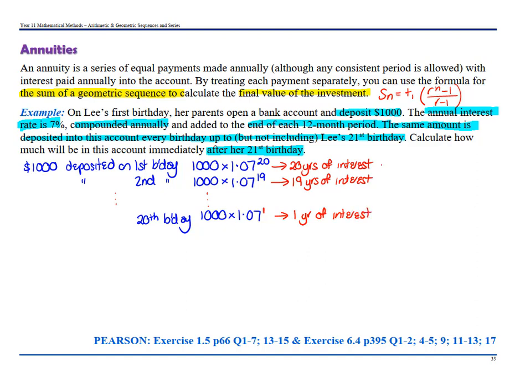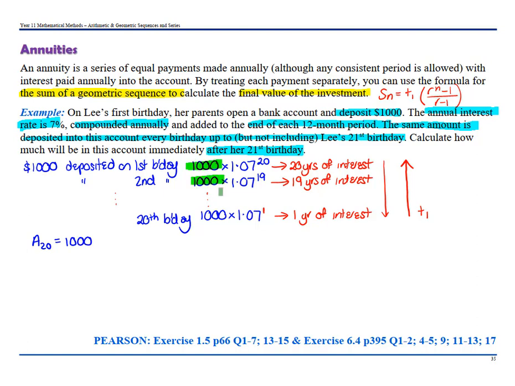So hopefully what you see is we've got a geometric progression happening, whereas instead of going down this way from 1st to 20th, think about it as going up from this direction. Okay, so you've got your T1 here and we're working up. Okay, so that means our A of 20 is going to equal our 1,000, which is the same every single time.